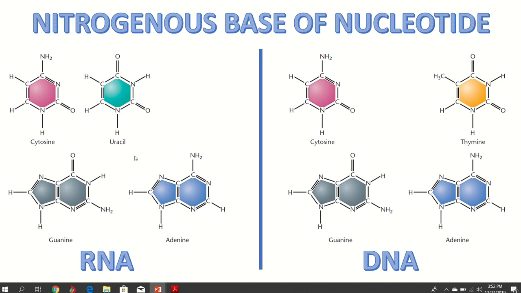The one that is different between the two is the appearance of uracil in RNA and the appearance of thymine in DNA. The other three nitrogenous bases exist in both nucleic acids: cytosine, guanine, and adenine.